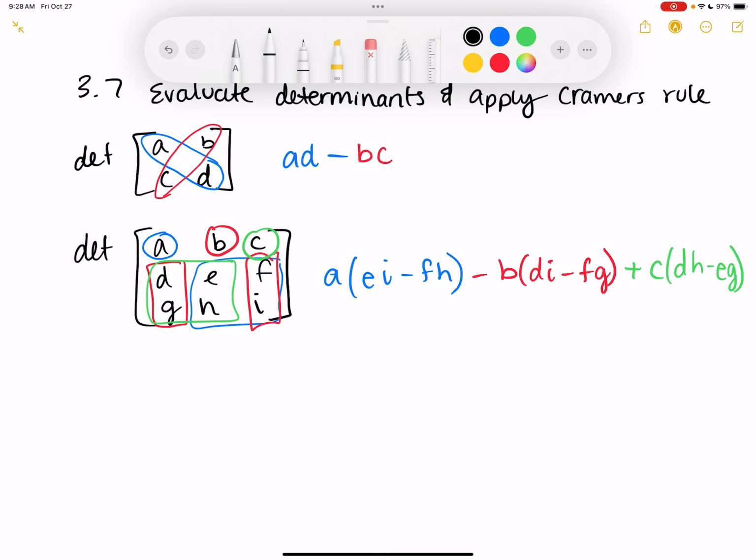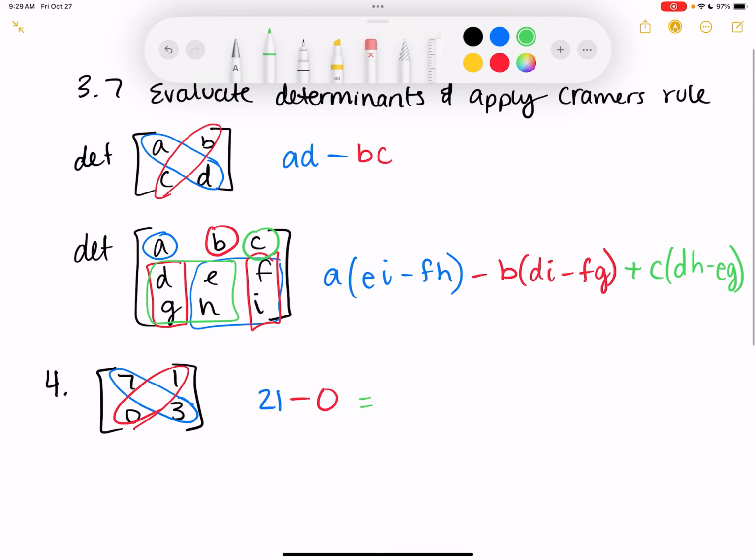So evaluate the determinant of the matrix. Number 4, we've got the matrix 7, 1, 0, 3. So it's this diagonal, 7 times 3, that's going to be 21, minus this diagonal, which is 0, so that's equal to 21.